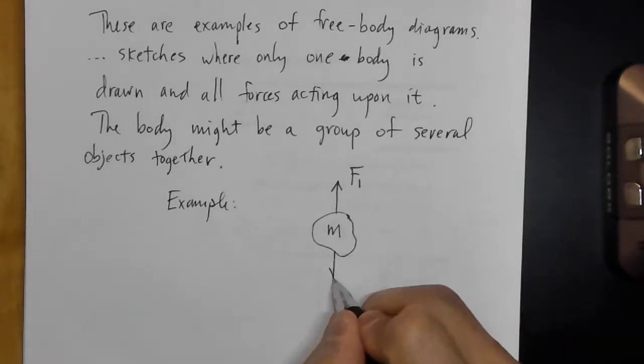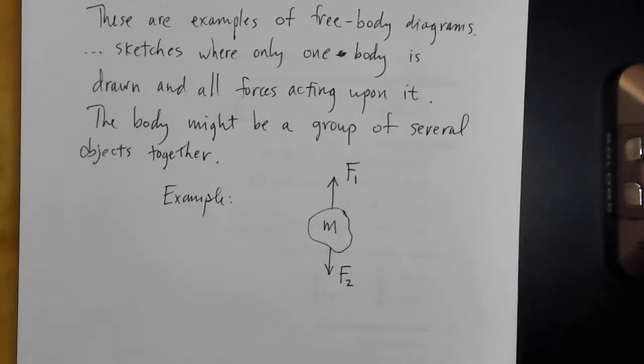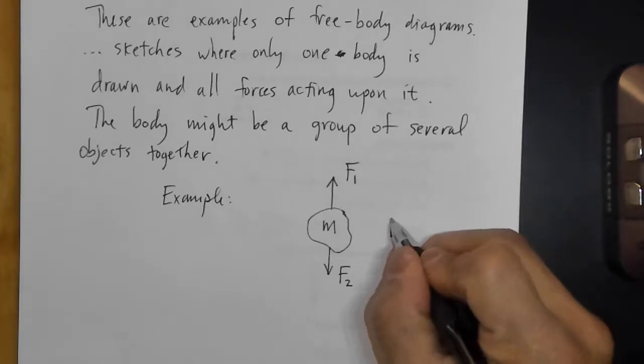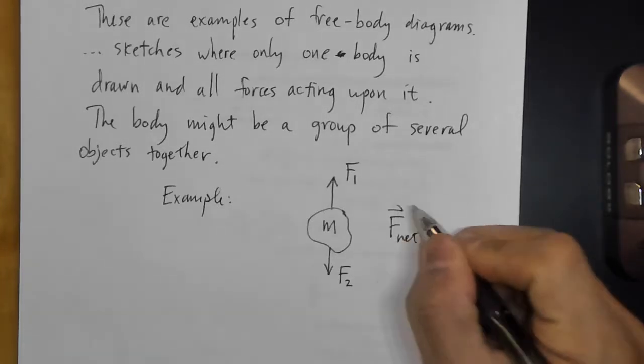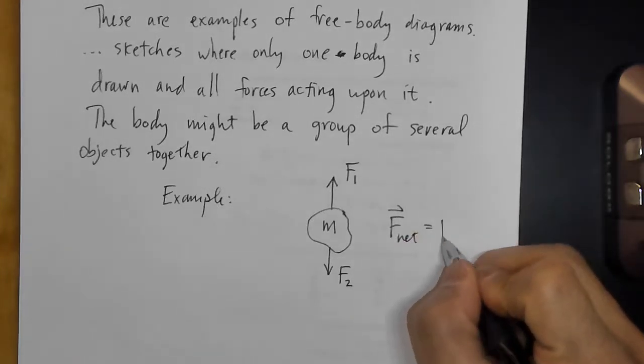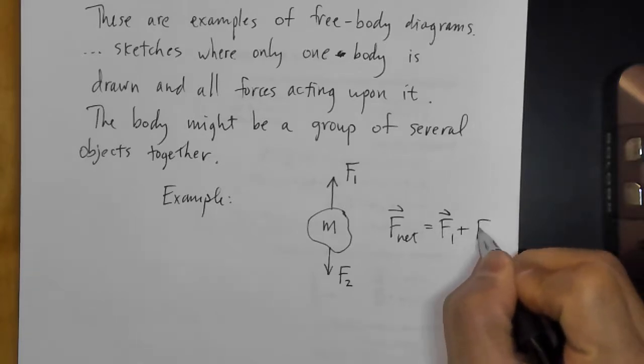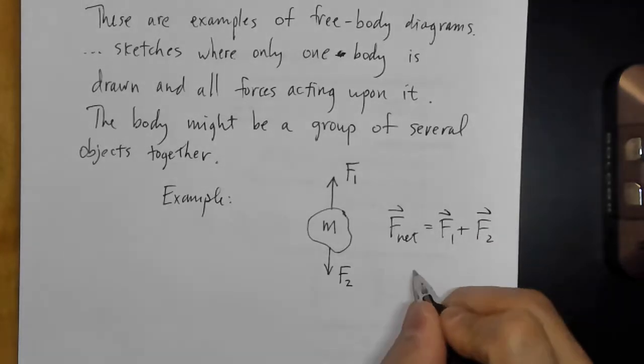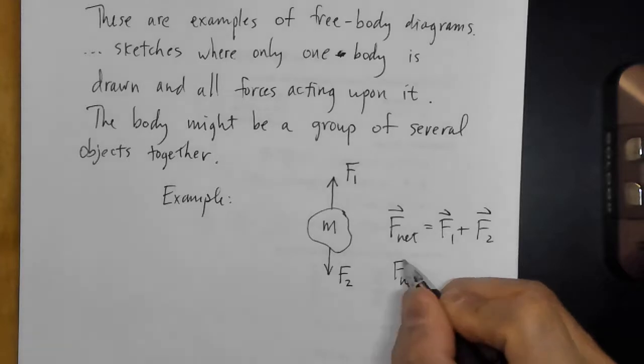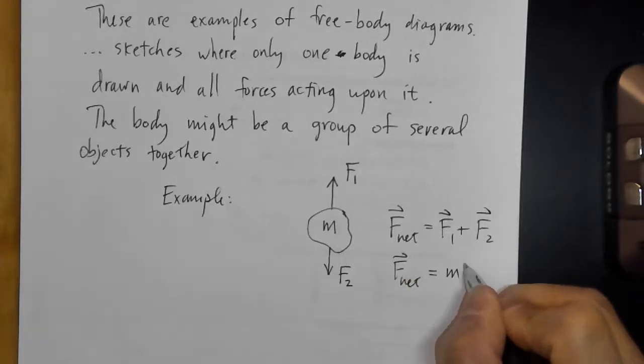And then let's say there's another force like this, F2. And then you would say the sum of the forces, F net, will be the sum of F1 plus F2. And this F net is also equal to the mass times the acceleration.